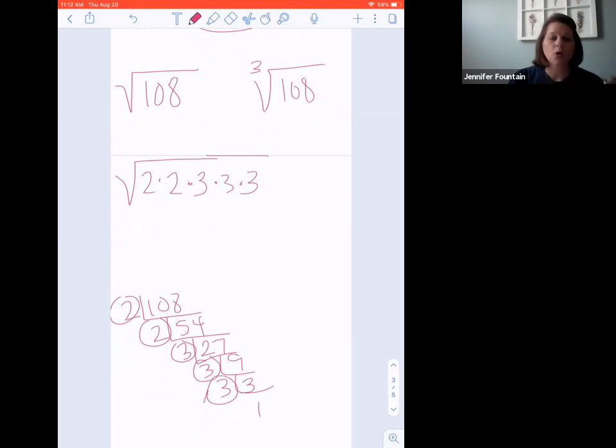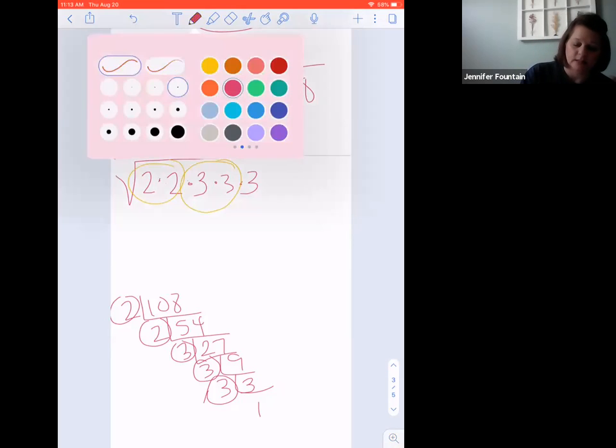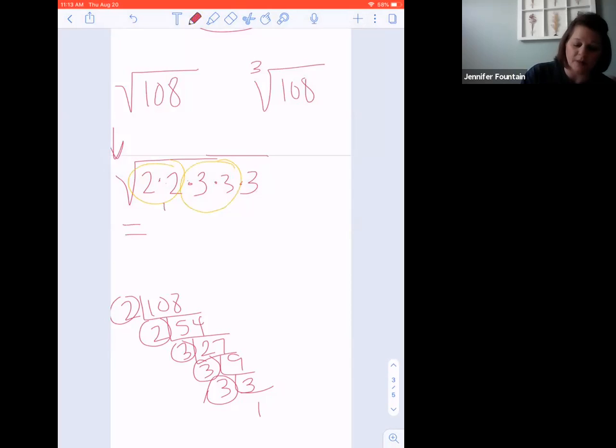All right. My index here is not written, so I understand that it is a 2. I have to have 2 of each thing. So I have 2 2's. I have 2 3's. So that means that these 2 2's come out as a whole number 2.